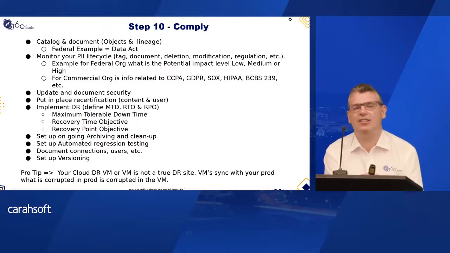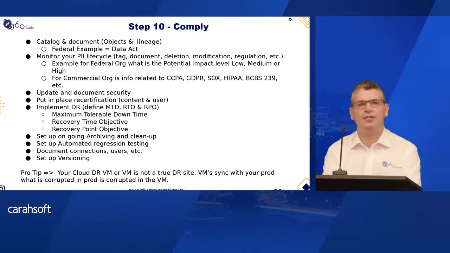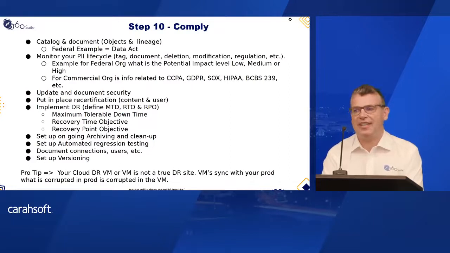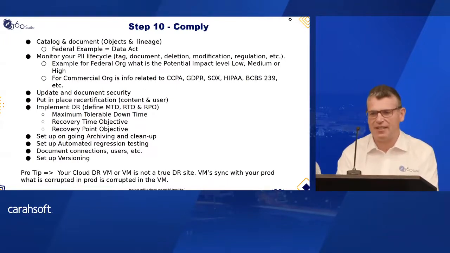You need to understand all the lineage of all the objects you have. That's something that we do very well, and you're able to extract. Additionally, you're able to monitor all your PII information. You're able to tag all the sensitive content. For example, if you're leveraging FIPS 199-200, where you need to find out what's low, medium, high sensitivity, you're able to monitor all these objects. This is the type of information that we're able to document.